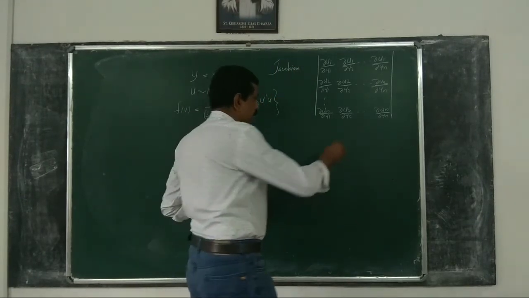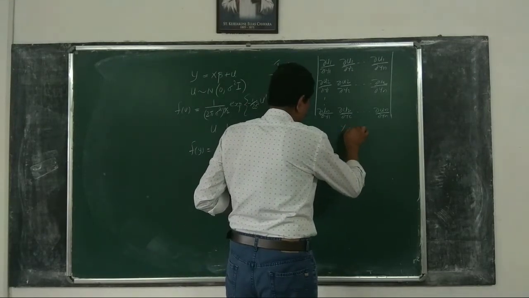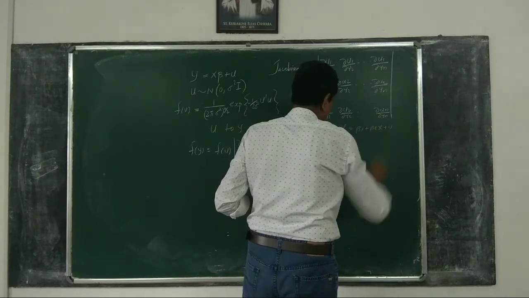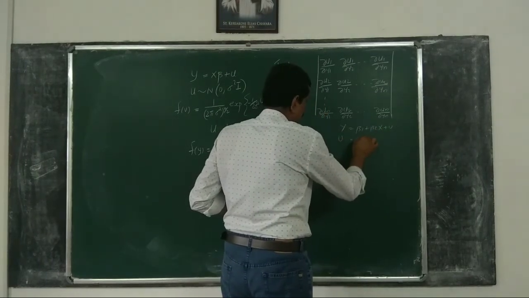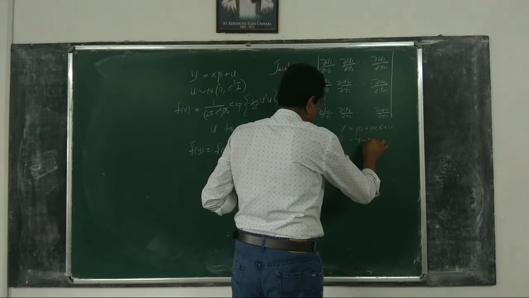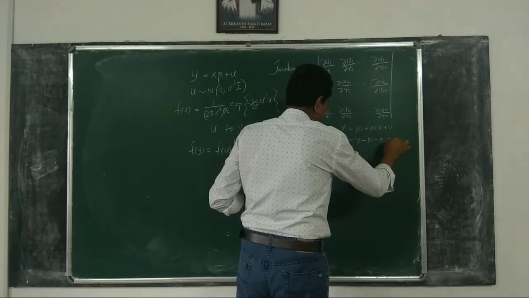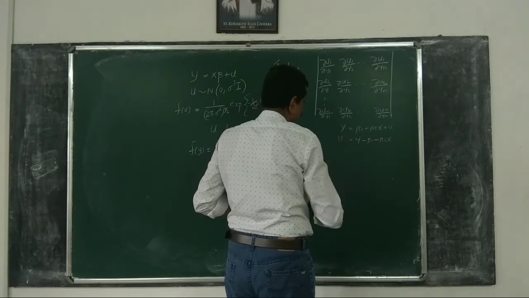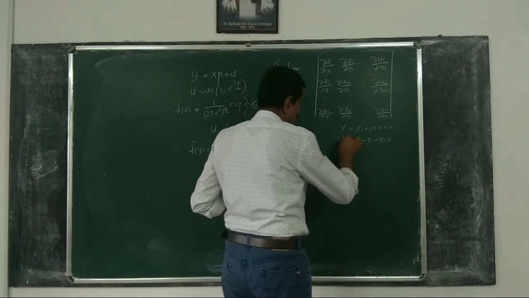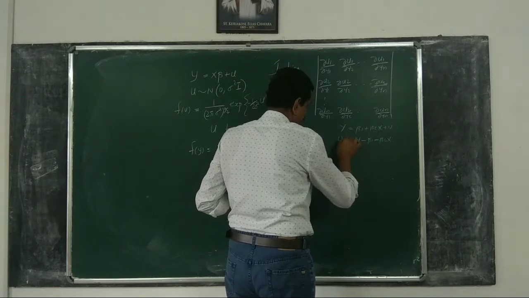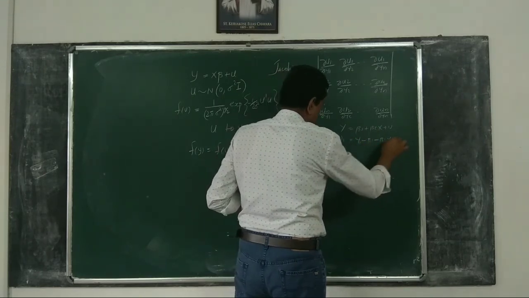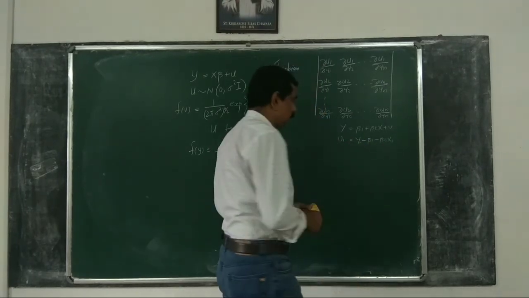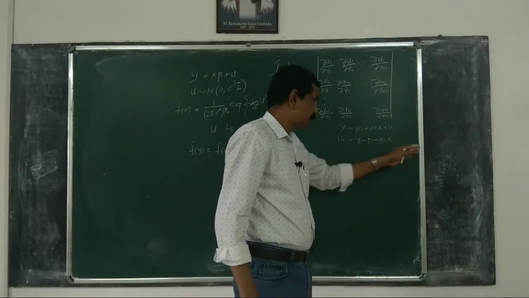And consider this model. Y is equal to beta 1 plus beta 2 x plus U, and U is equal to y minus beta 1 minus beta 2 x. Now, in terms of all the samples, u1 is a function of y1 and x1, then u2 is a function of y2 minus beta 1 minus beta 2 x2, like that.